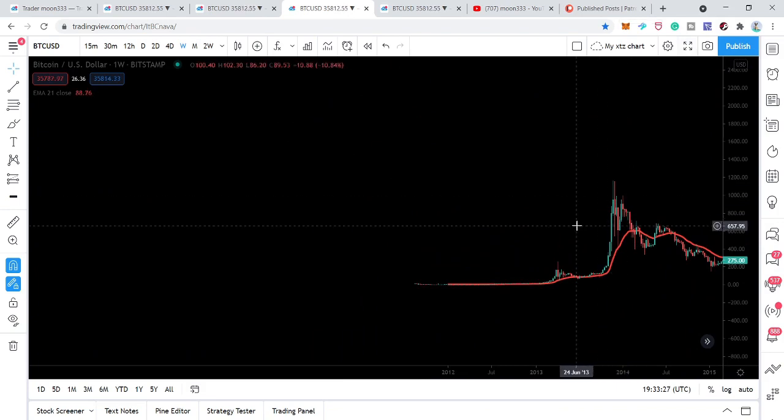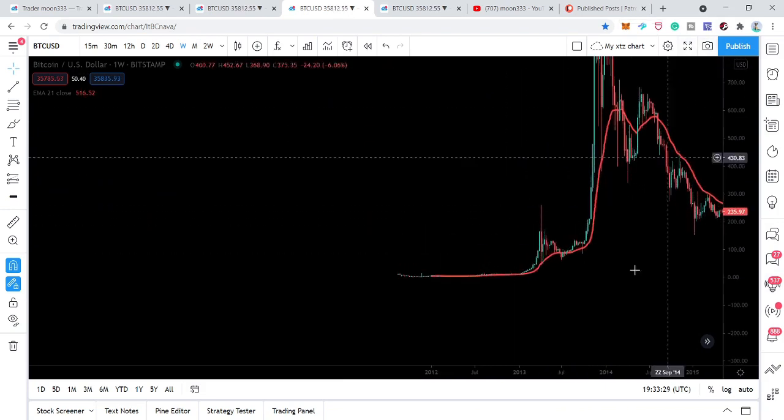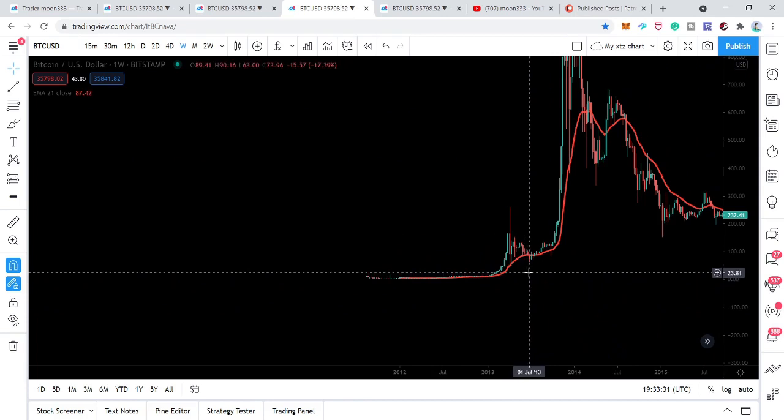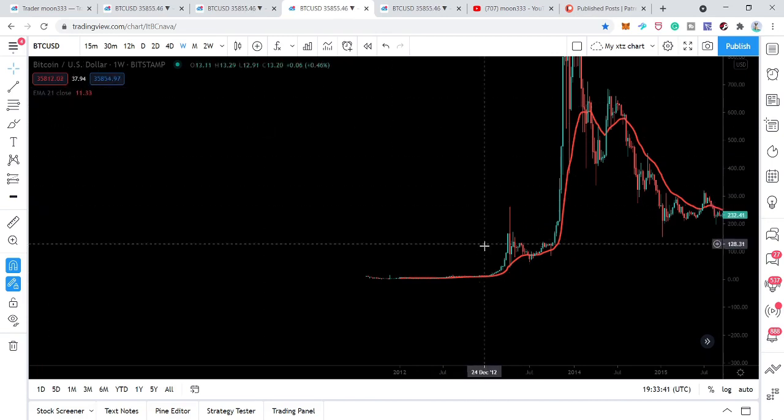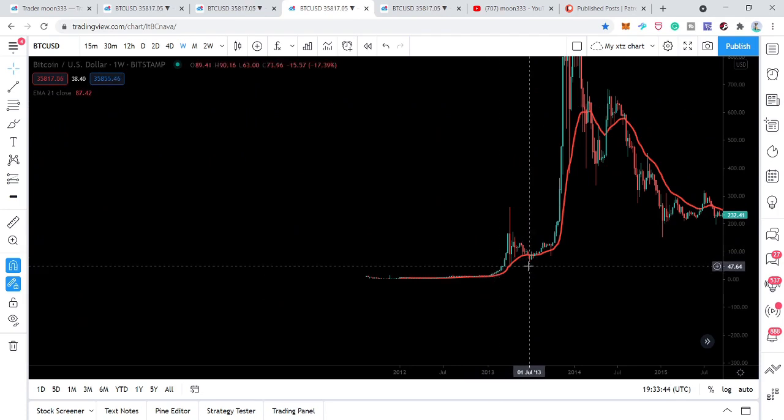We can see that here we had the weekly closing at $73.96, and if we watch the EMA 21, here you can see the value of the EMA 21, that was at $87.42, and we had the closing at $73.96.